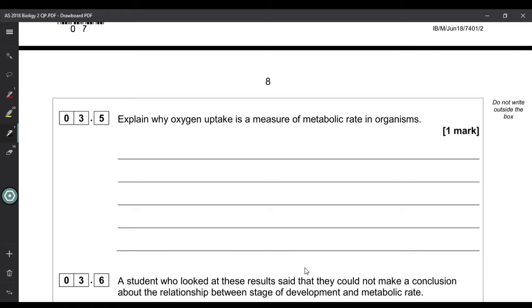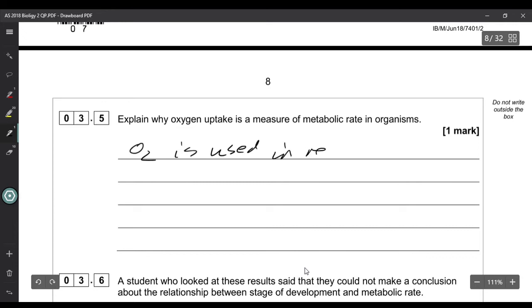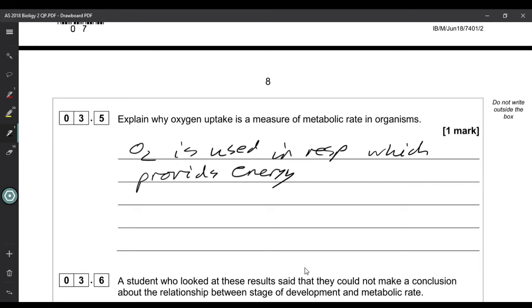So we need to put that oxygen is used in respiration, which provides energy for those metabolic processes. So again, you've got to link the oxygen uptake with the actual metabolic processes which need energy. If students just put because it's used in respiration, they're not going to get the marks because they've got to link it to the metabolic rate.